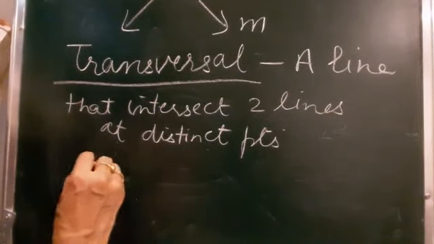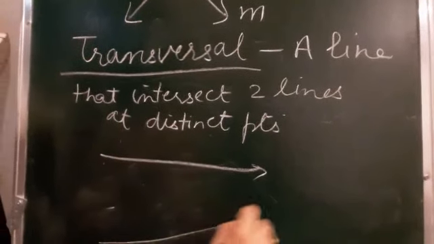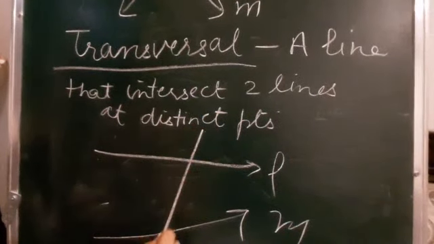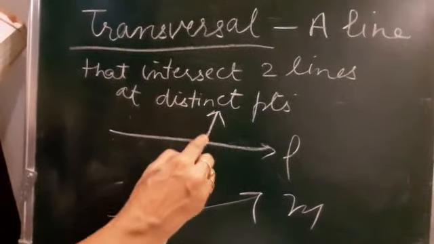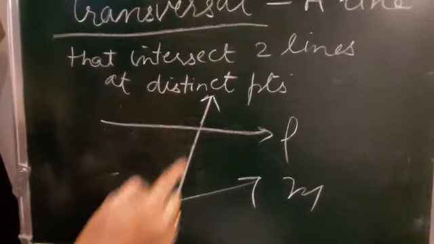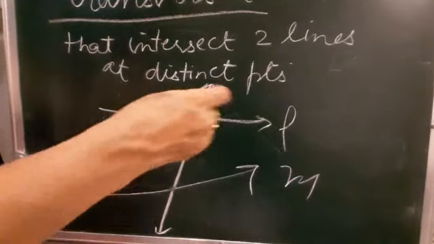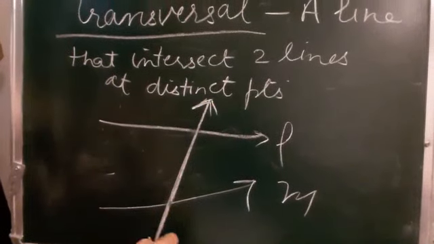See here, like this is a line, this is one more line, and one line intersects both these lines at different points, at distinct points. Then this line is said to be transversal.